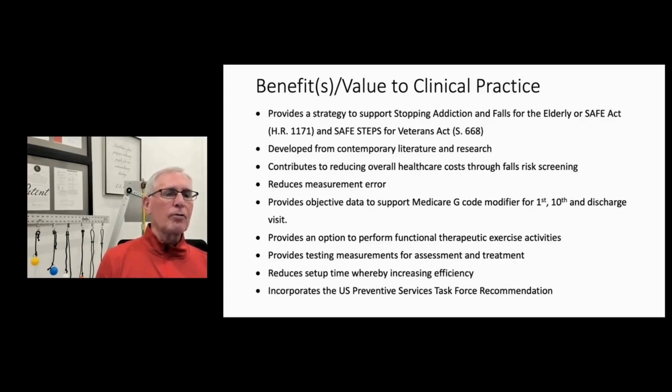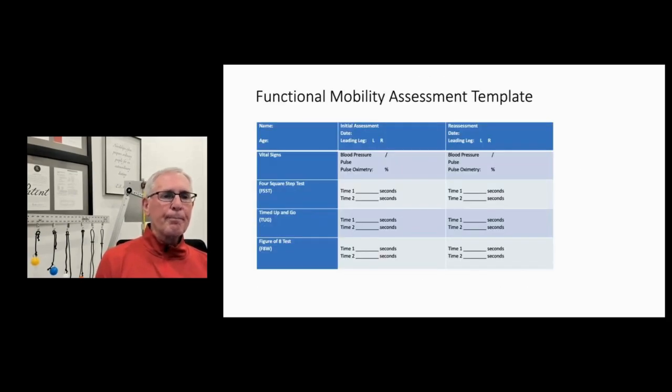It contributes to reducing overall healthcare costs through falls risk screening, reduces measurement error, provides objective data for Medicare G codes, provides an option to perform clinical therapeutic activities, provides testing measurements for assessment and treatment, reduces setup time thereby increasing efficiency, and it incorporates the U.S. Preventive Service Task Force recommendation.